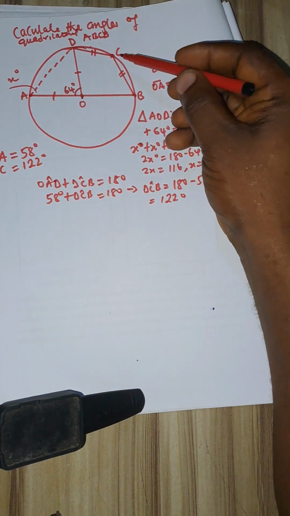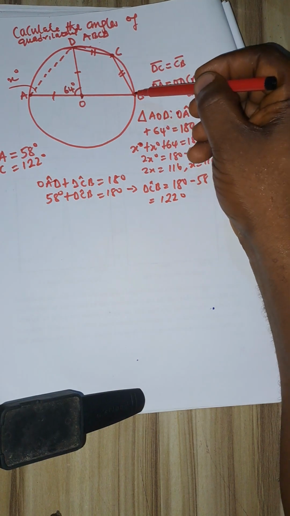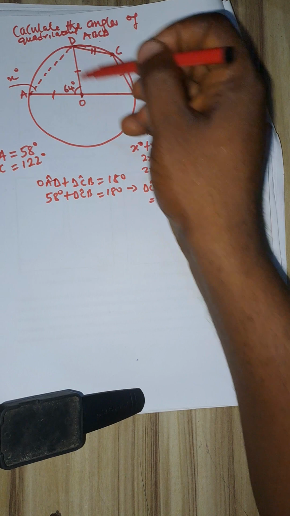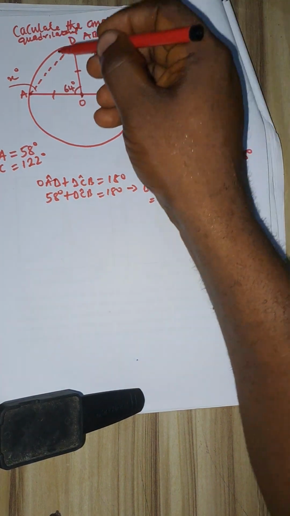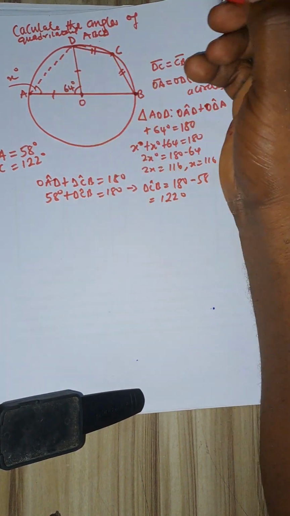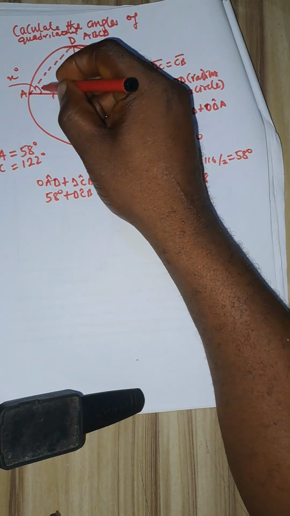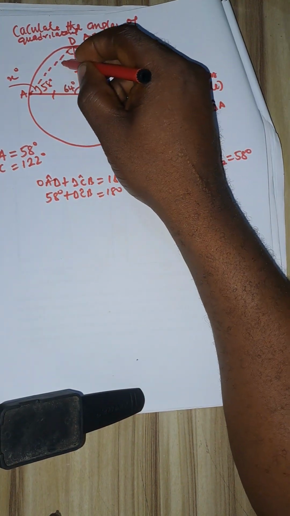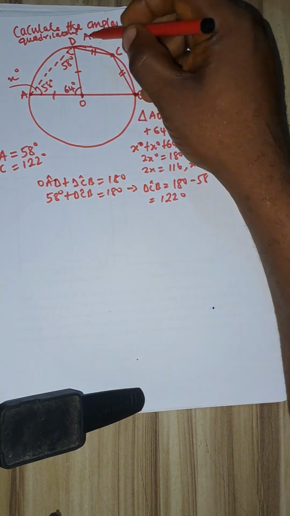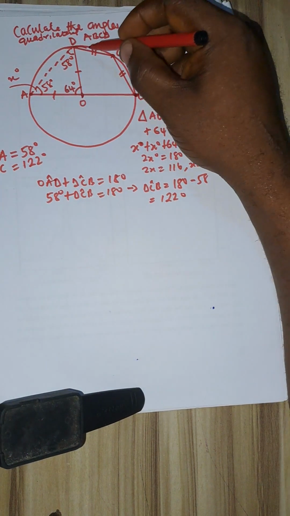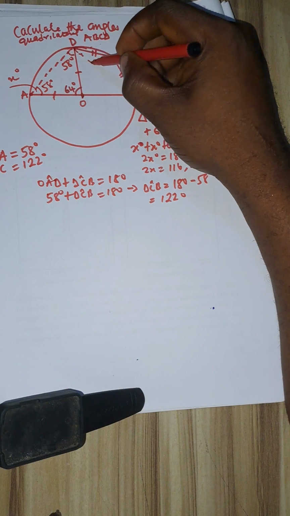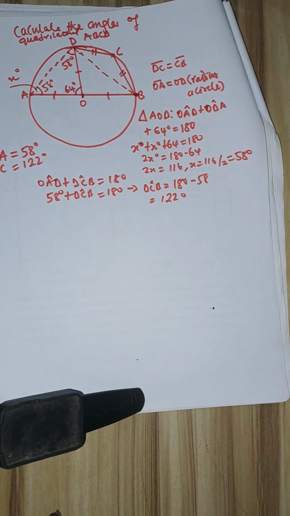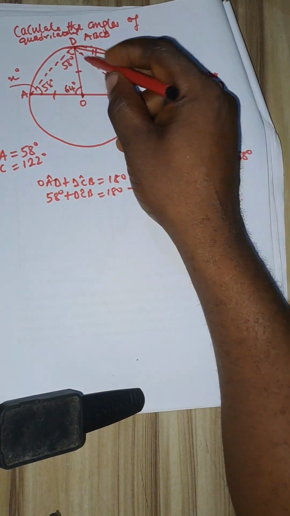Okay, so we have to calculate B and D. Now, we have here 58 degrees. Also, base angles of an isosceles triangle. Now, divide this into 2. This is also a radius, because it's the center of the circle. And so base angles are equal.